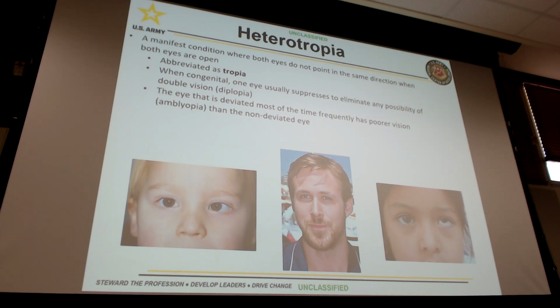You can use what's called the Hirschberg reflex. So you can see, especially in this kid here, there's a light reflex in both pupils. You can see the normal eye, that light reflex is smack dab in the middle of the pupil. In the abnormal eye, the light reflex is off to the side. Okay? And you can kind of measure how much of a prism diopter change that this patient has based off of that measurement.